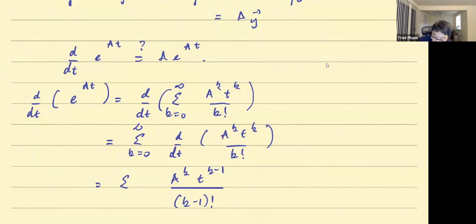But for that, our sum doesn't start from 0 anymore, but starts from 1. Because the 0 term is just the identity, which gets differentiated to 0 anyway. And also when you do 0 minus 1, that doesn't make sense. You have to start the sum from 1. Any question here?